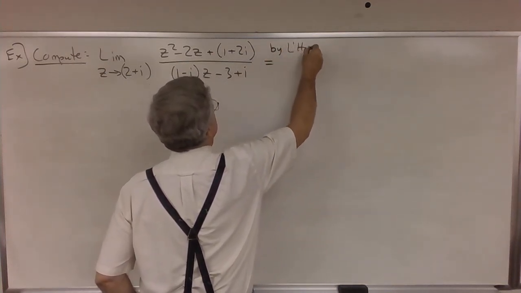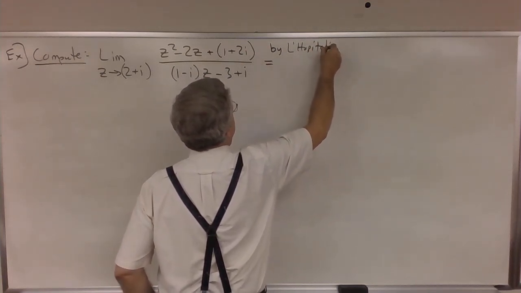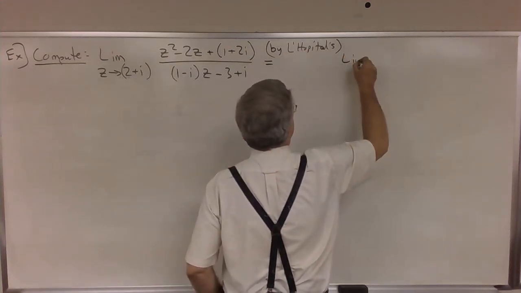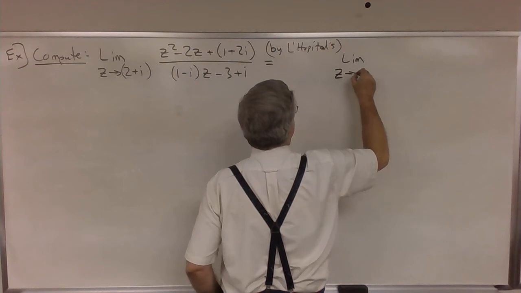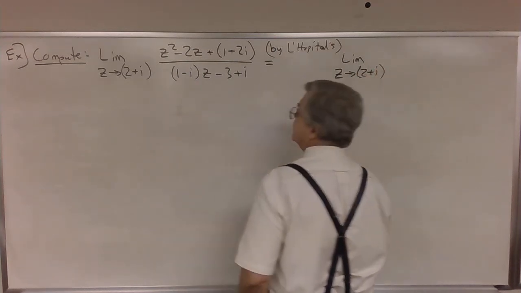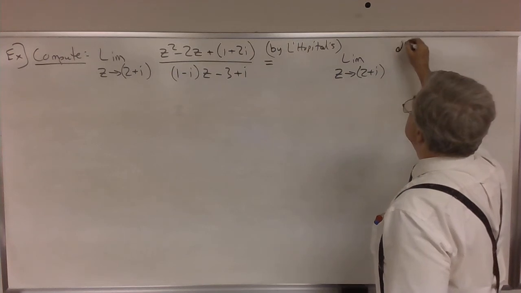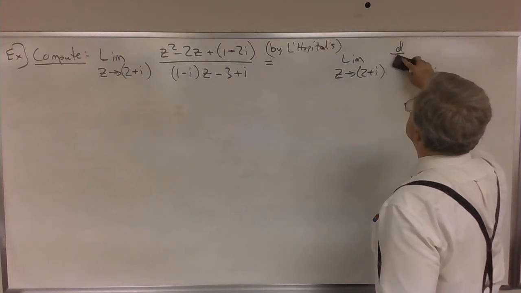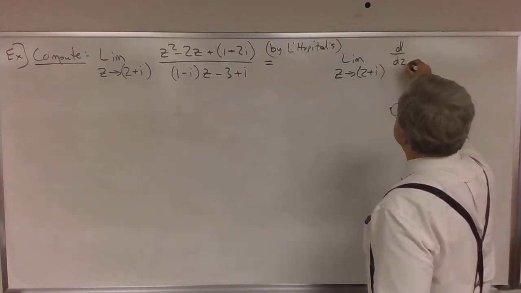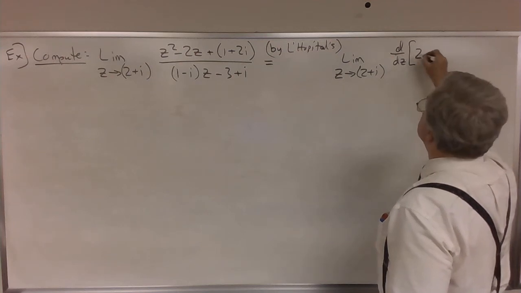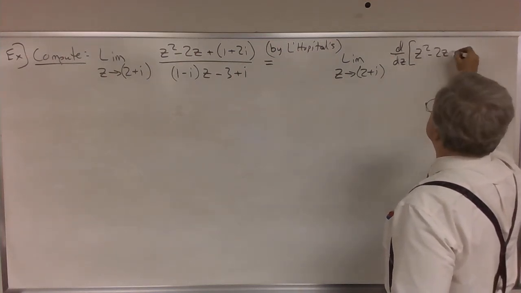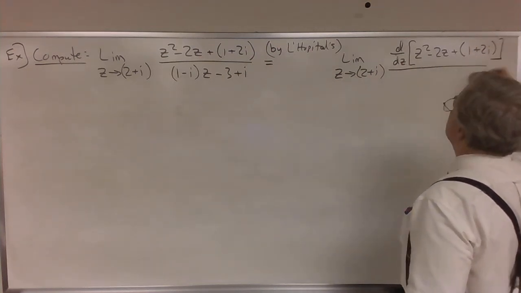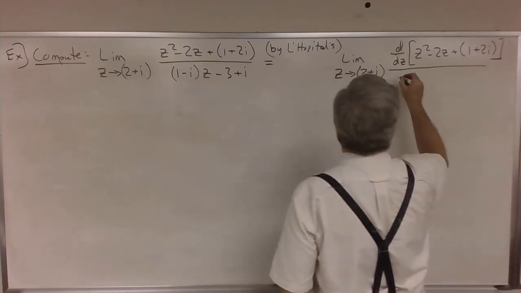So by L'Hopital's rule, this is going to be the limit as z approaches 2 plus i of the derivative of the numerator over the derivative of the denominator.